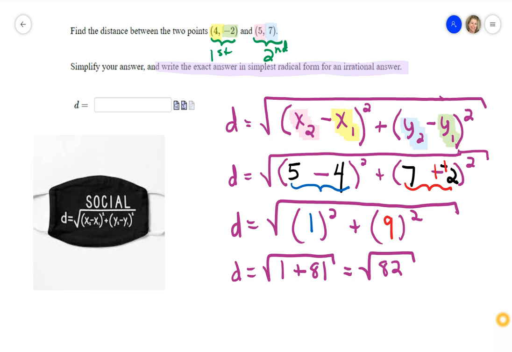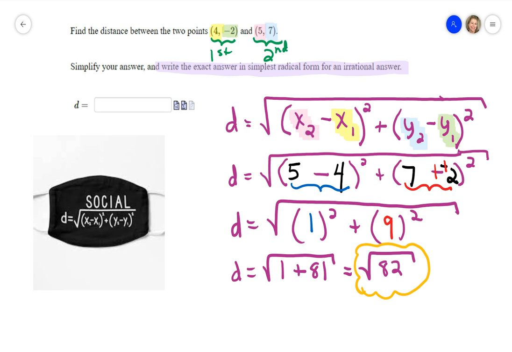I'm trying to break it down, because 82 is not a perfect square. 81 is a perfect square, but 82 isn't. So does it have a factor? Well, 4 does not divide into 82 evenly, and 9 doesn't, 16 doesn't, 25 doesn't, 36 doesn't, and 49 doesn't. That's it. I can't break this down at all, so the square root of 82 should be my answer.